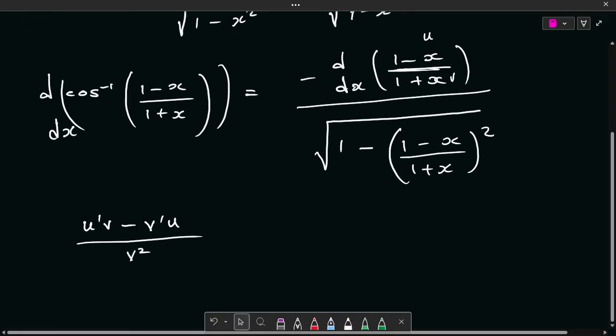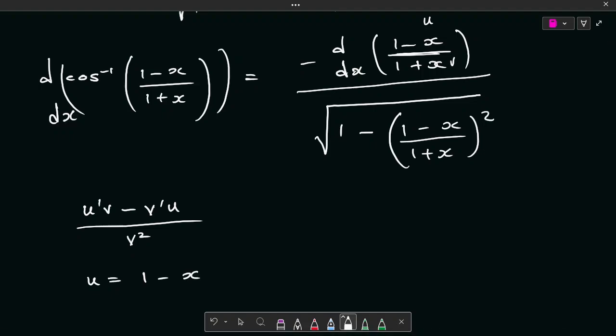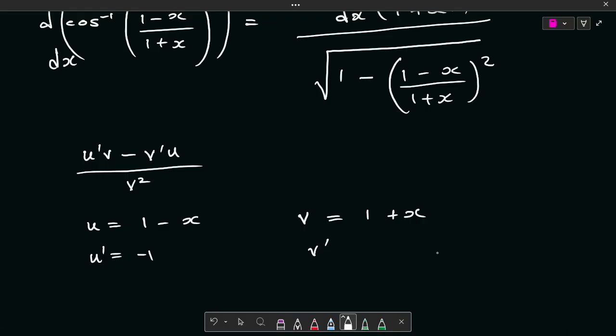We've already identified u to be equal to 1 minus x and v to be equal to 1 plus x. So we just need to differentiate. Differentiating u, which is u prime, gives negative 1. Differentiating v, which is v prime, gives 1.